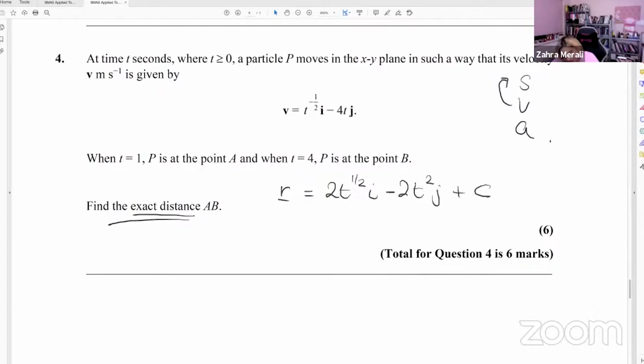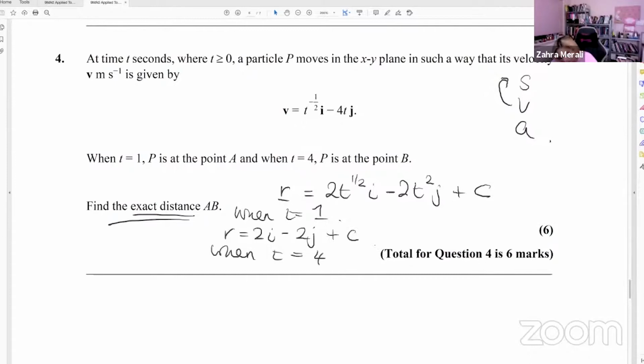We know when t is 1, P is at the point A. So when t equals 1, we're going to get r equals 2i minus 2j plus c. Yeah, we could put plus c there, but we'll see the c's cancel out, so it doesn't matter.